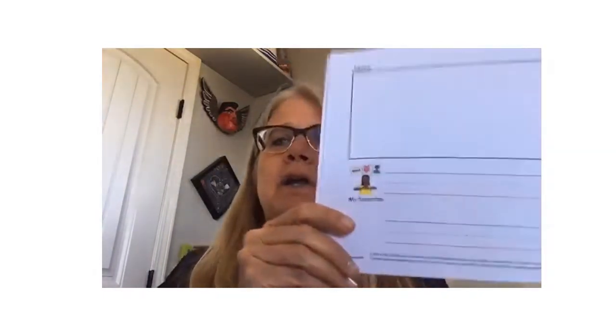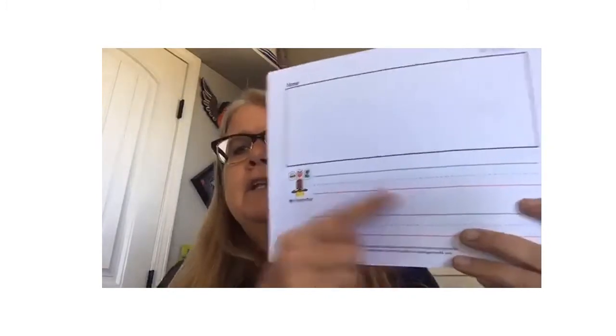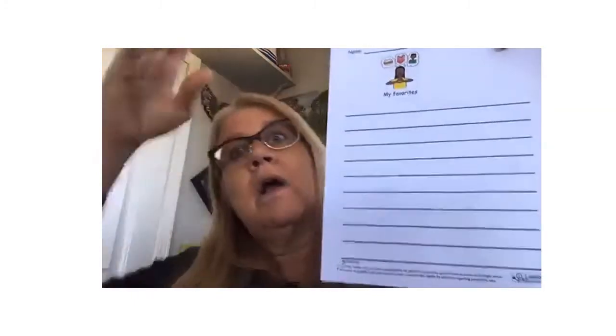Or they have a more open-ended one, where the student can fill in sentences or phrases or even just words, and then they can draw a picture, or cut that picture out of a magazine or find that picture on a computer, because these are PDF files, so anything can be entered into them. And then there's another open-ended one where you have a little bit more space to add more text. So if you have a more advanced communicator, they can write a whole story about who they are and what they like as we are today.